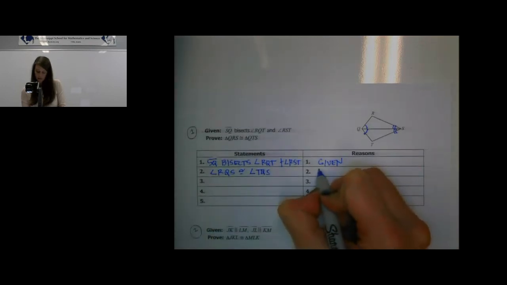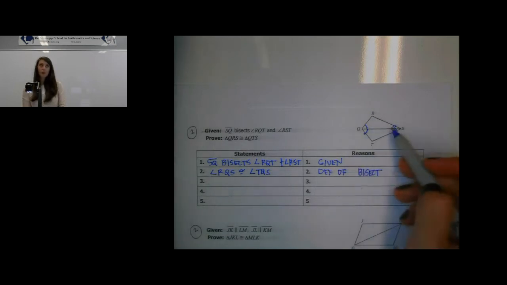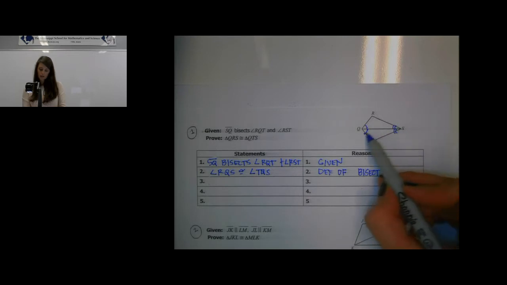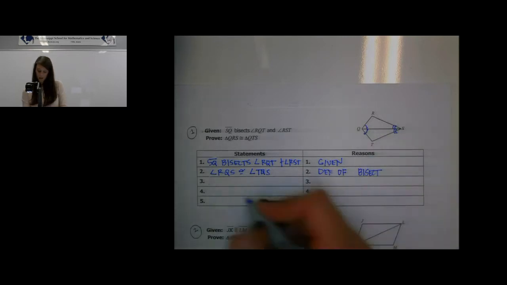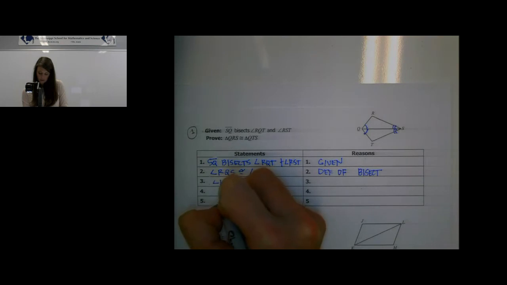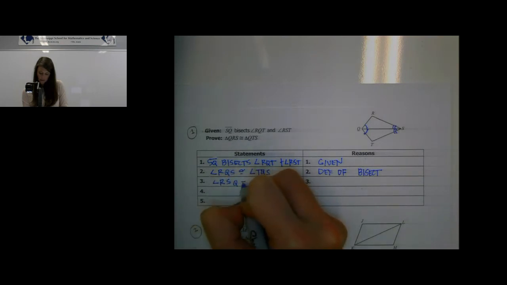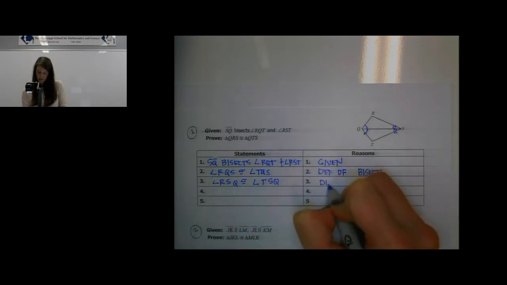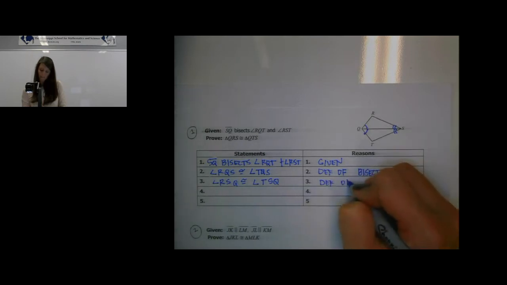Okay, that's by the definition of a bisector. Also, angle RSQ is going to be congruent to angle TSQ, also by the definition of a bisector.